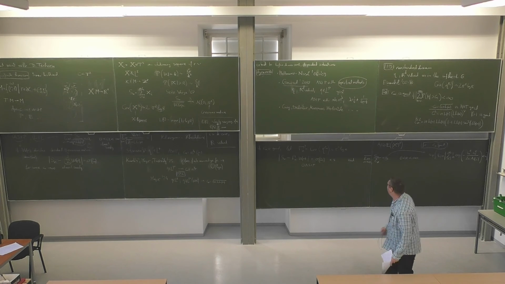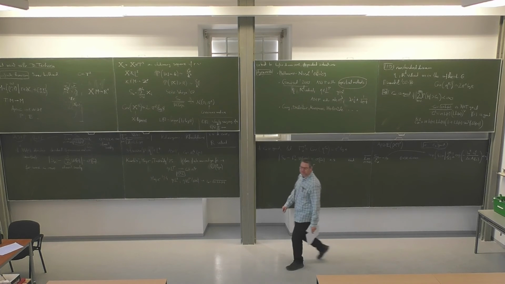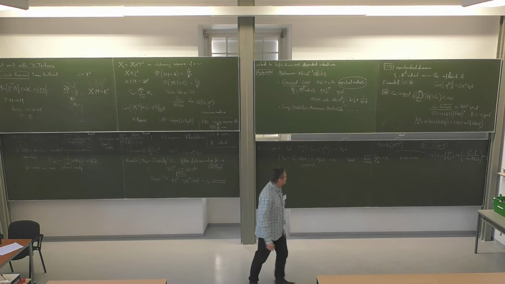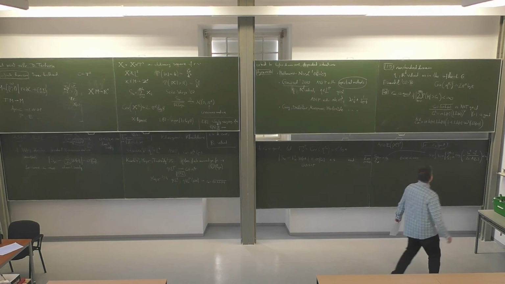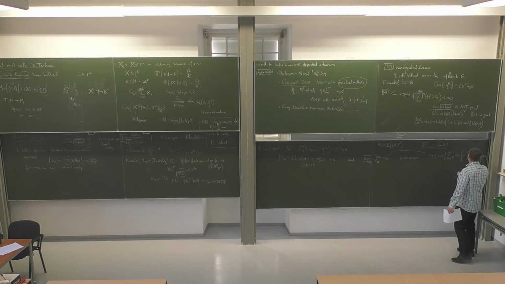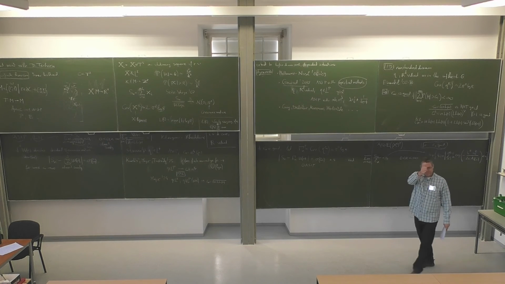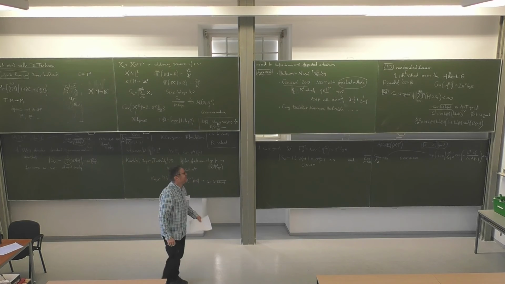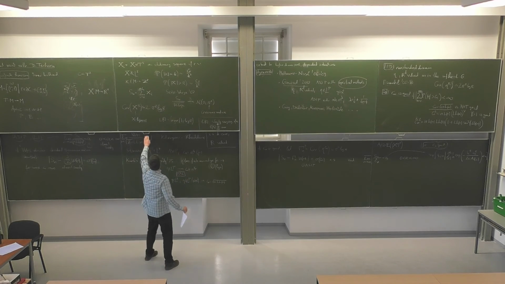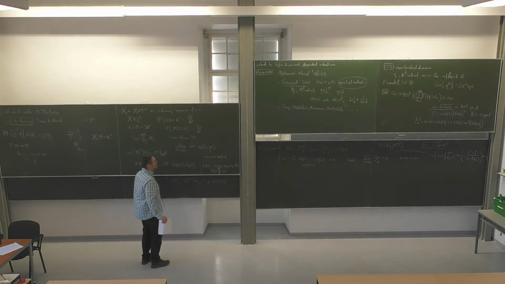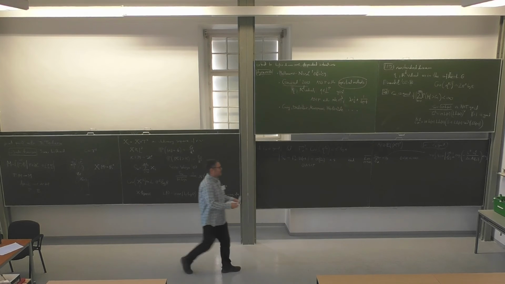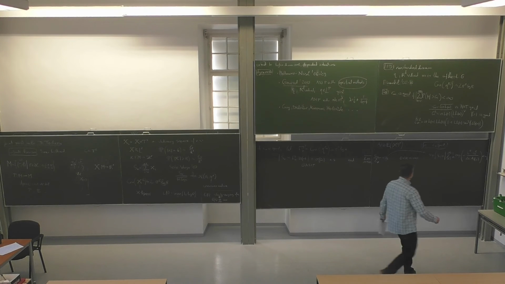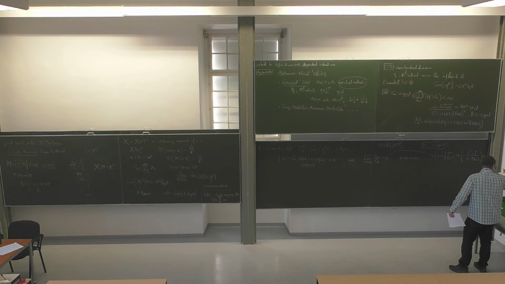So now I think I can state our result. Sorry? It's B. Very good, from the back row. So, am I supposed to do this?